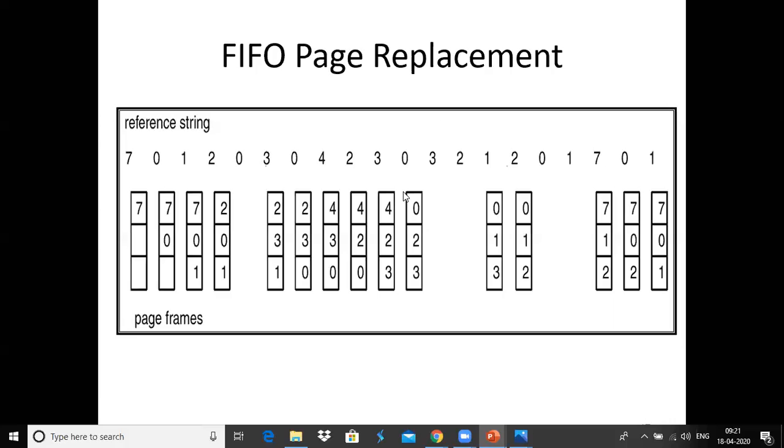Again a request for 3, but 3 already exists in the frame. So no page fault for 3.